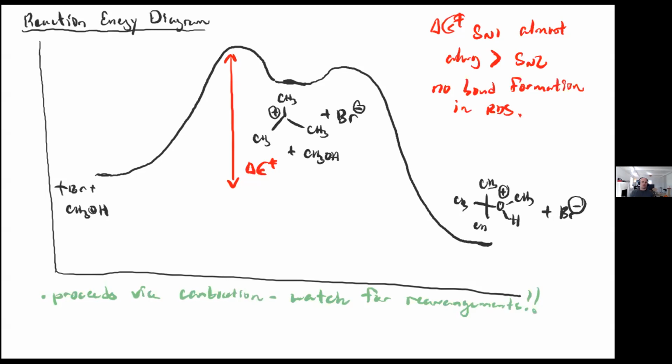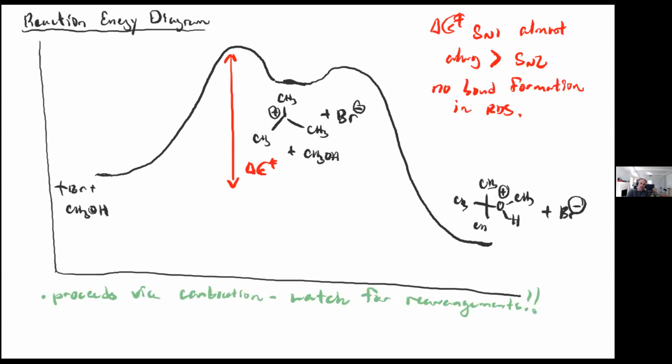This isn't so much an issue for tertiary substrates, because you're already at a tertiary cation. But we said secondary substrates could kind of break either way in terms of how they react. And if you do an SN1 and it can rearrange to give a tertiary cation, it's going to go that route.